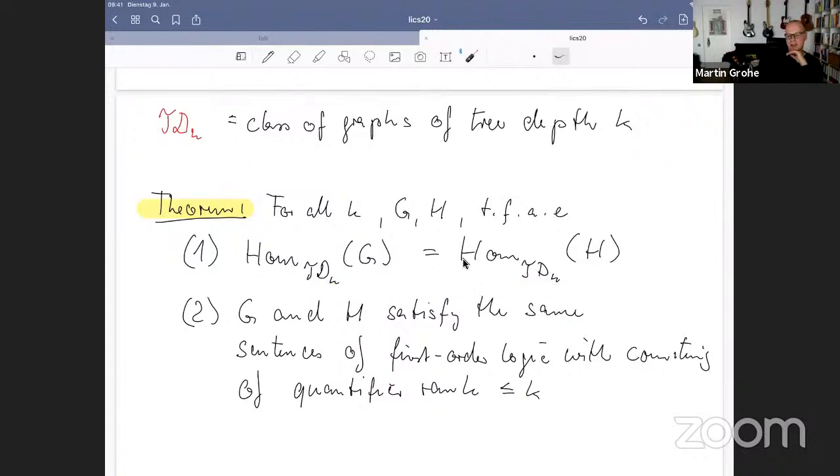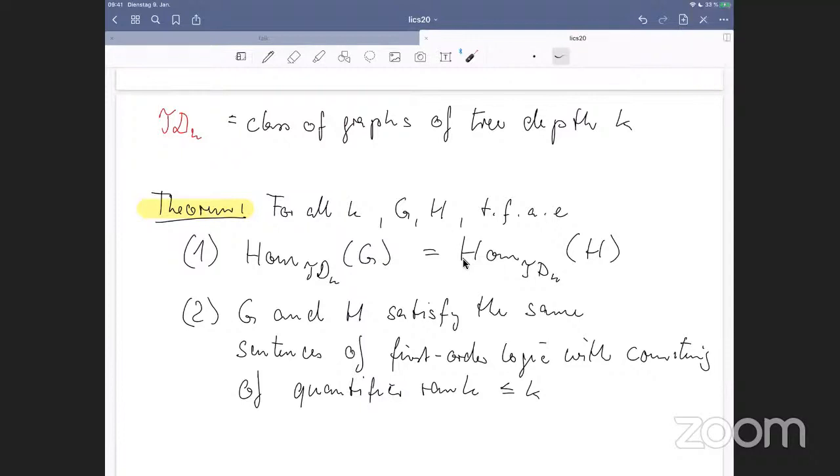I was wondering if it's maybe fixed parameter tractable in terms of the tree depth, but that I don't know. That's open, and maybe you would guess you can do it in fixed parameter tractable time, but I couldn't prove that either. But can you do this in AC0, so even lower than polynomial time?